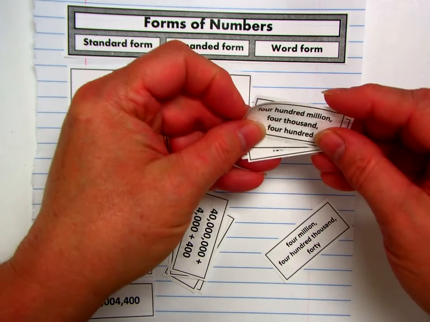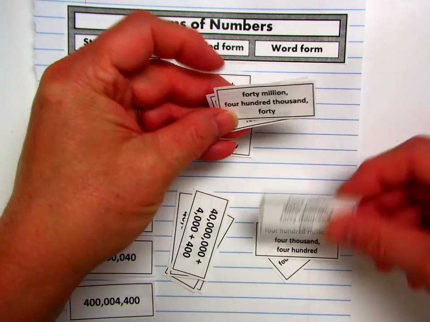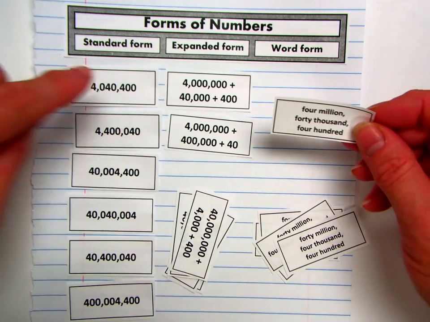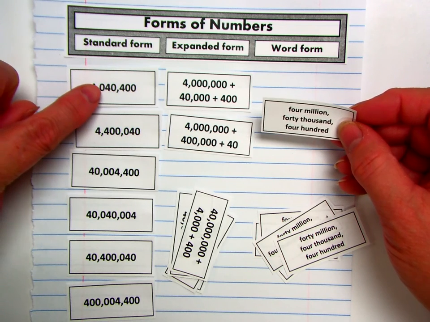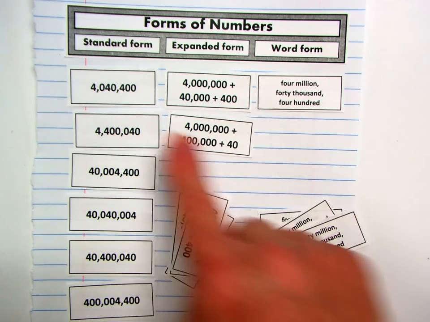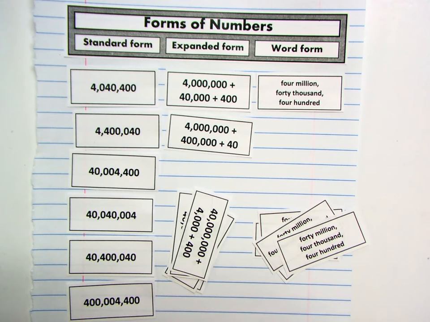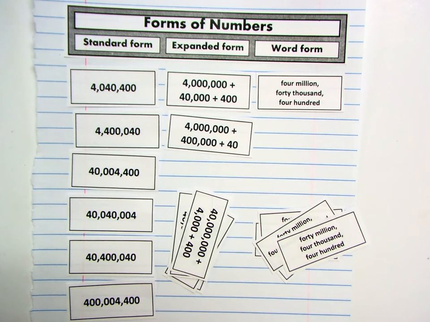So I'm going to look through here until I find the one that says 4,040,400. And then I'm going to glue that one right beside. So all of these three cards say the same number, but they are written in three different ways: standard form, expanded form, and word form.